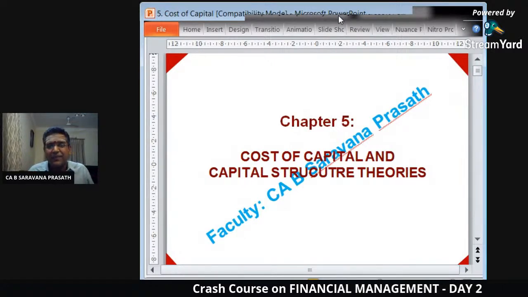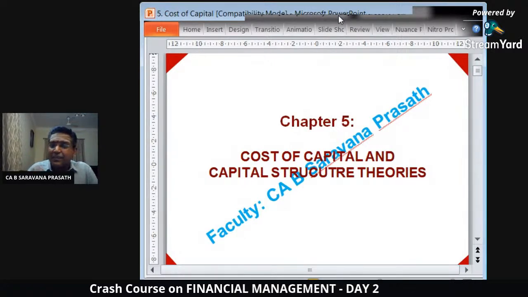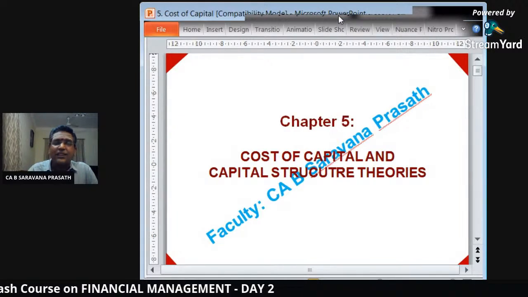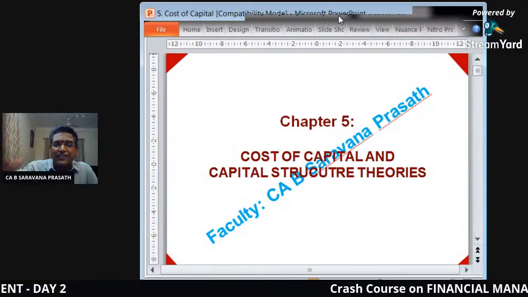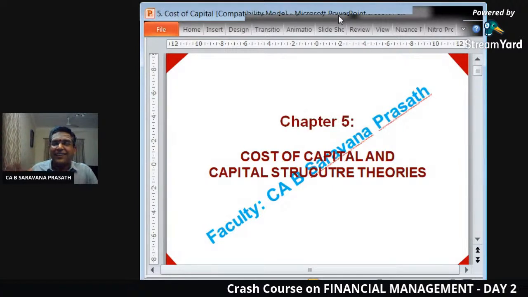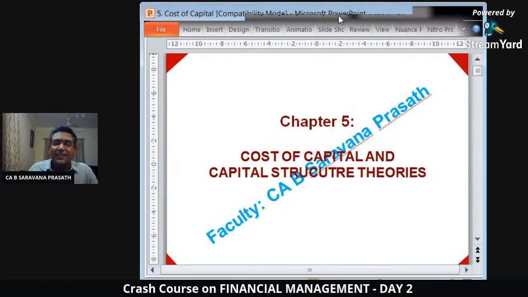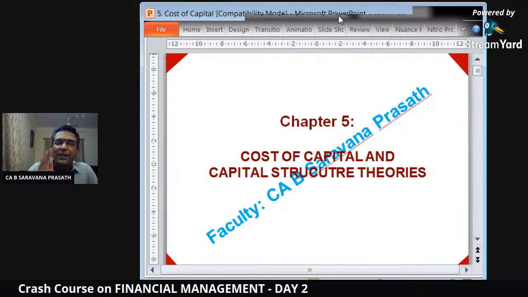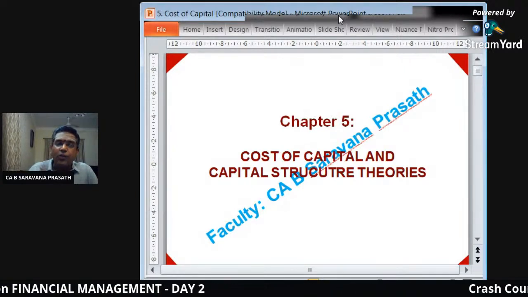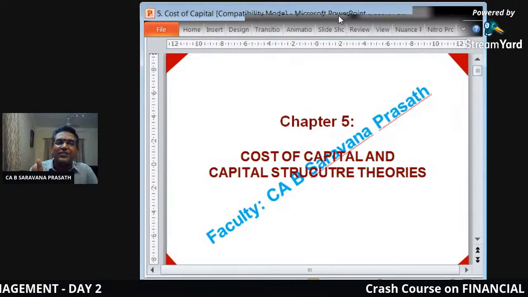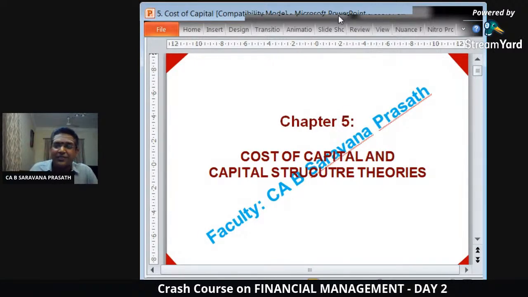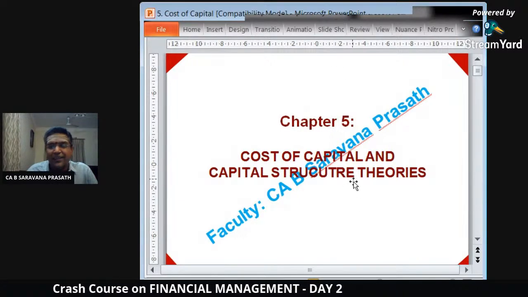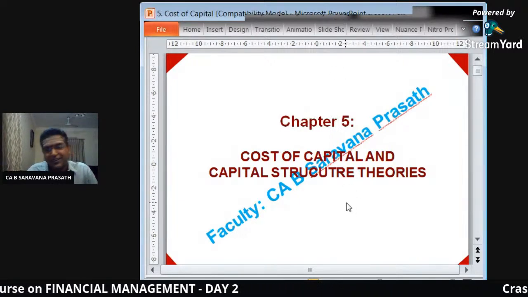Every year, the company has to pay some interest, some preference dividend, some equity dividend in order to keep the shareholders and investors in good spirits. The payment is an outflow from the company's viewpoint, a payment towards capital, therefore called cost of capital.